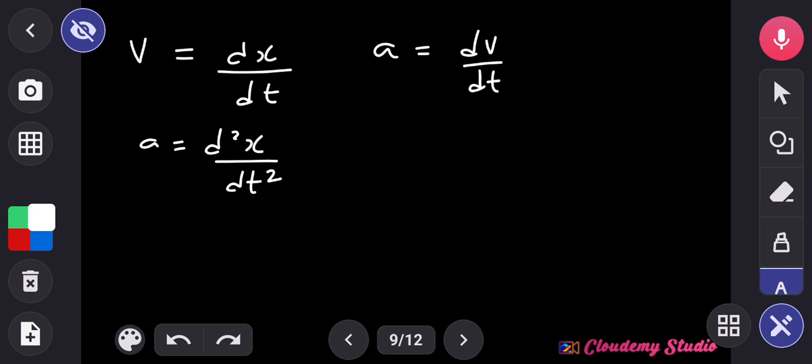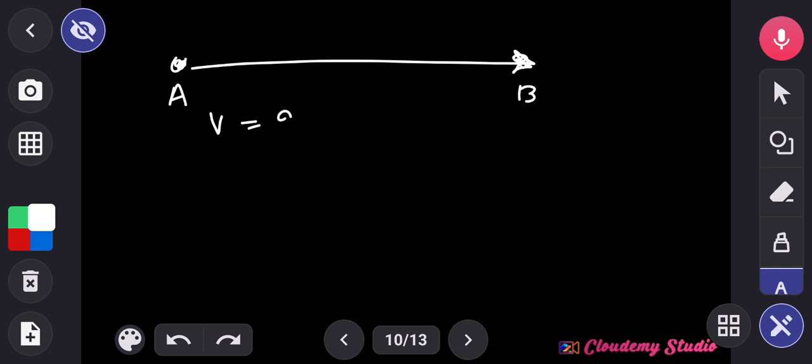And we can see examples. I'm going to bring out some examples that we can solve now. You understand? Let us take for an example: a particle starts from rest at point A and moves to point B. During this motion, its velocity is recorded in meters per second, and it is given as 9t squared minus 2t cubed.